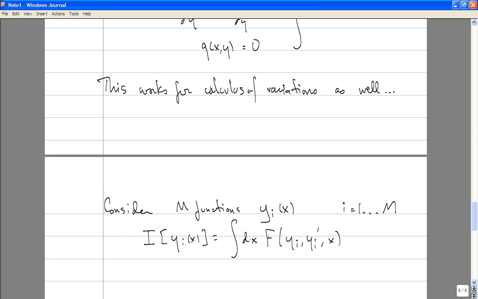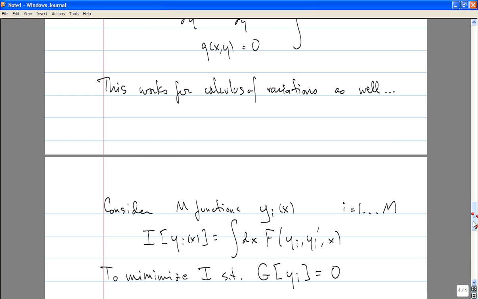And if I want to minimize I, subject to some constraint, which again will be a functional of the yi's, then I do that by introducing a Lagrange multiplier. And just to make things a little more general, I could imagine that I have more than one constraint.